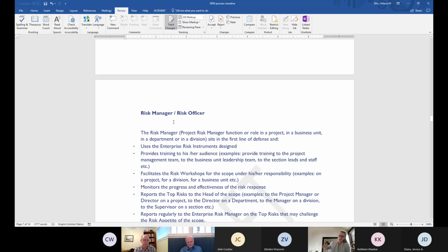But the risk officer or enterprise risk manager or chief risk officer, however you want to call individuals who have this risk role, have to be independent and transparent. And to have this independency, which is key in terms of risk management, basically you should not have a conflict of agenda.